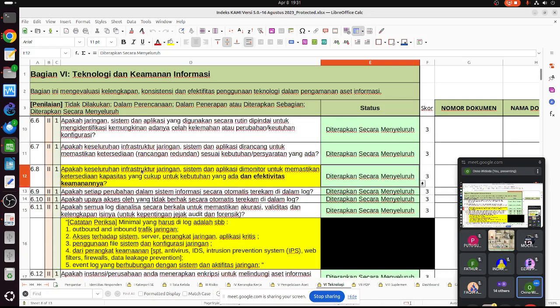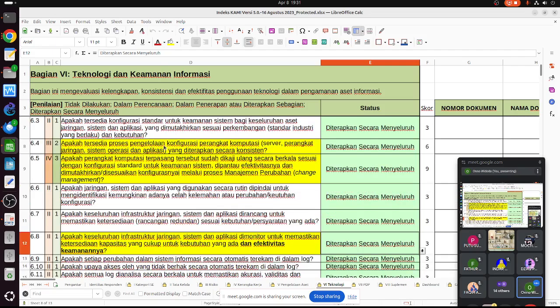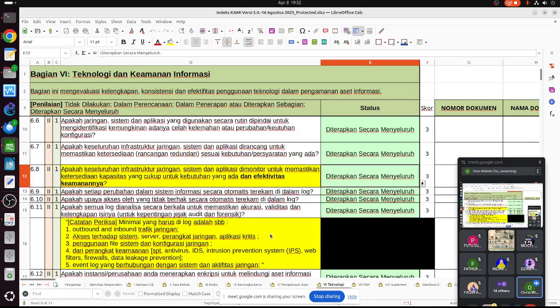Okay, see this kind of question? So we have to make sure that the system is implemented, evaluated, monitored, and everything. Okay, for example, this is about the log. This is the intrusion detection system, intrusion prevention system, web firewall, and so on.